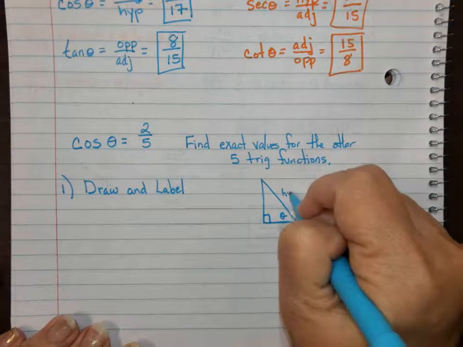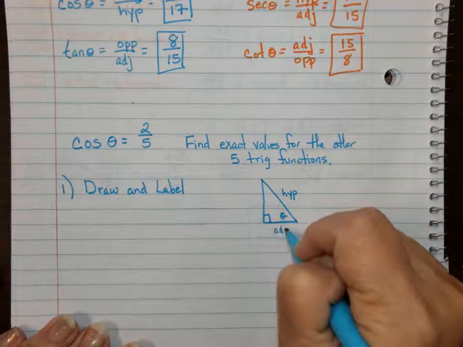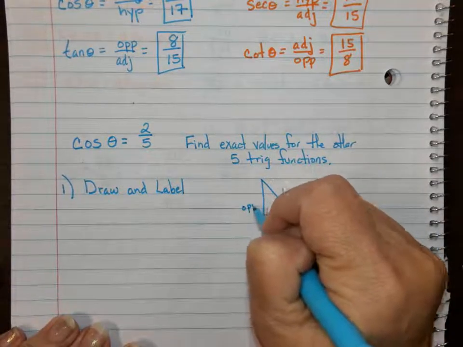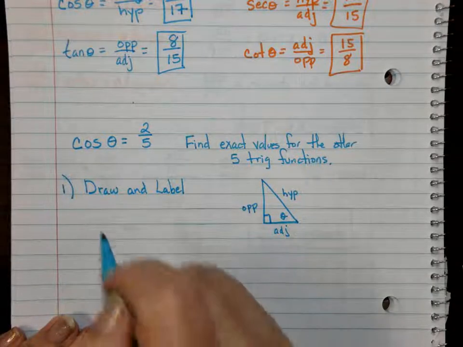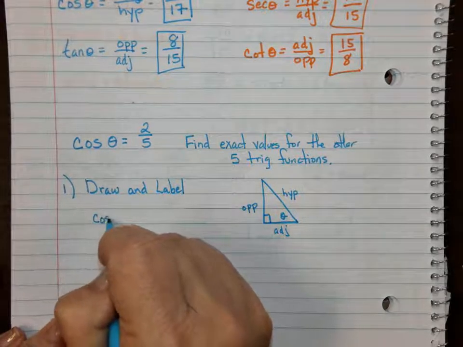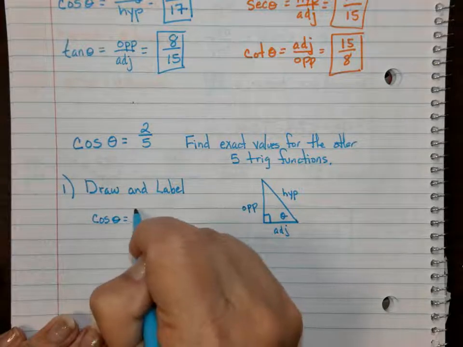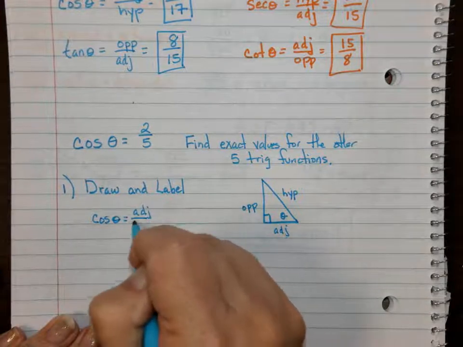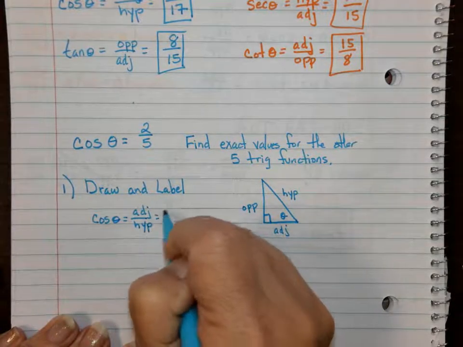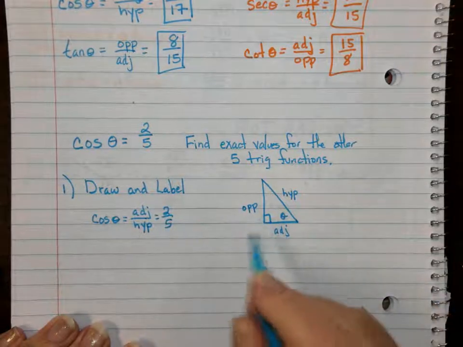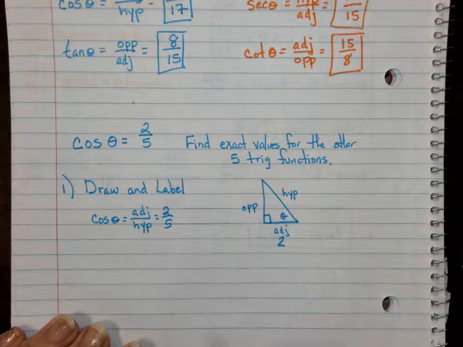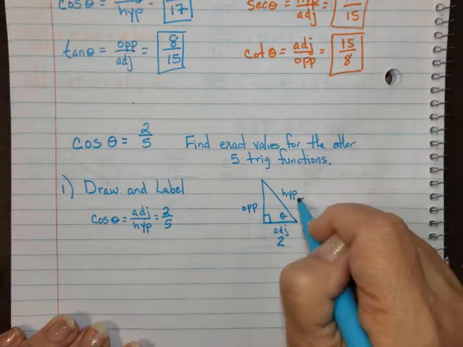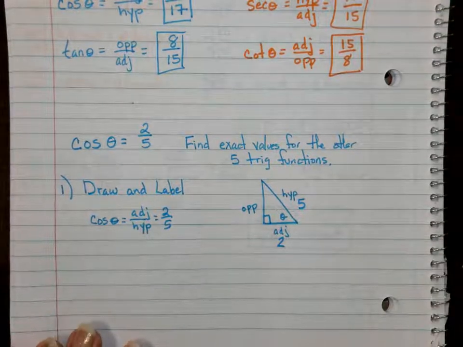This is my hypotenuse, my adjacent, and my opposite. Now I know that the cosine of theta is adjacent over hypotenuse, and I know that that's 2/5. So on the adjacent, that's 2, and on hypotenuse, that's 5.